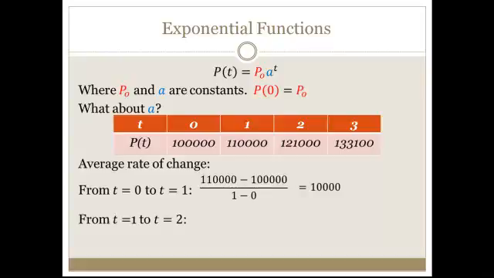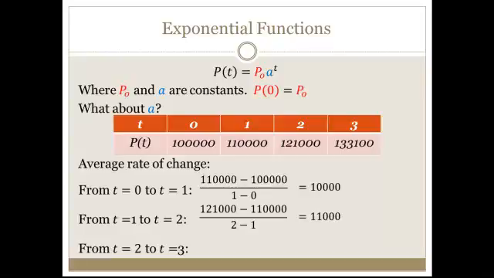What about from t equals 1 to t equals 2? Here, our change in p is 121,000 minus 110,000 over our change in t, which is 2 minus 1. This simplifies down to 11,000 over 1, which is simply 11,000.